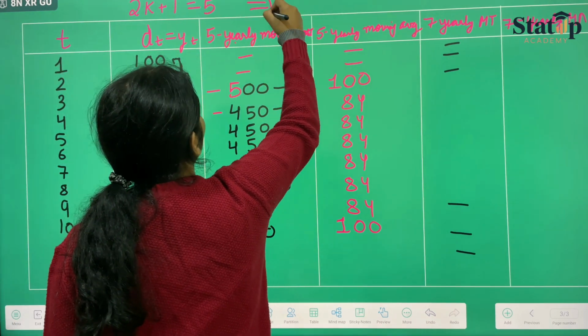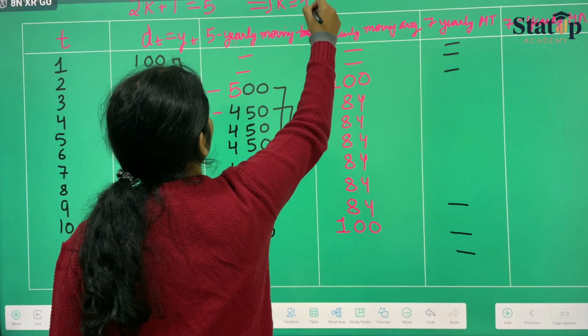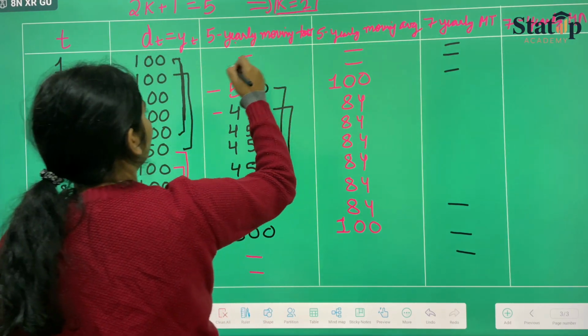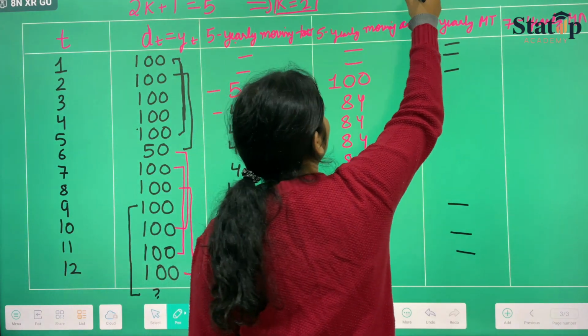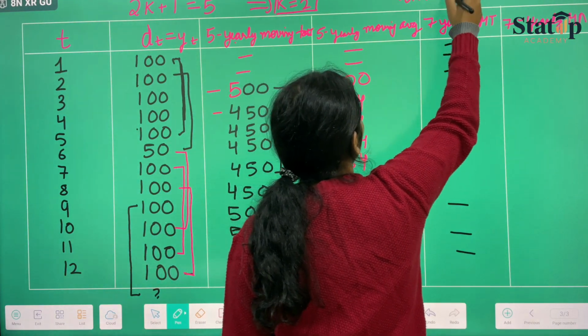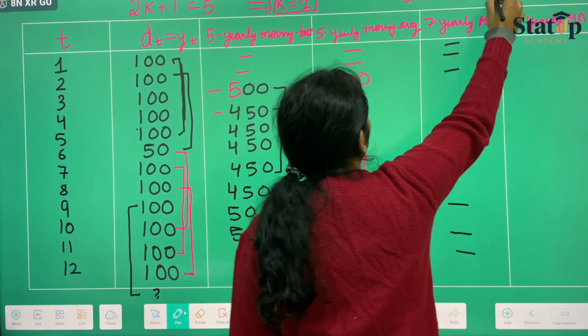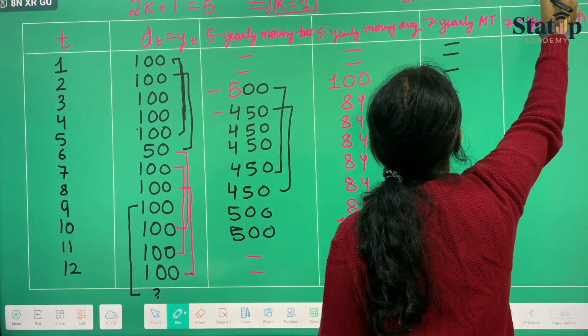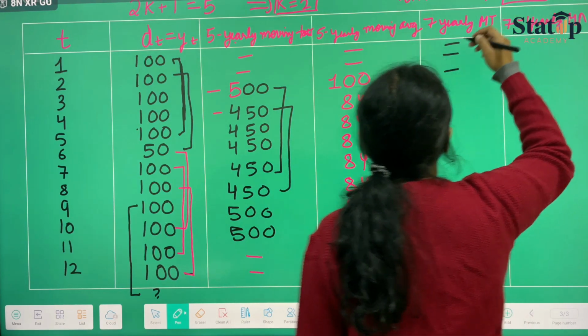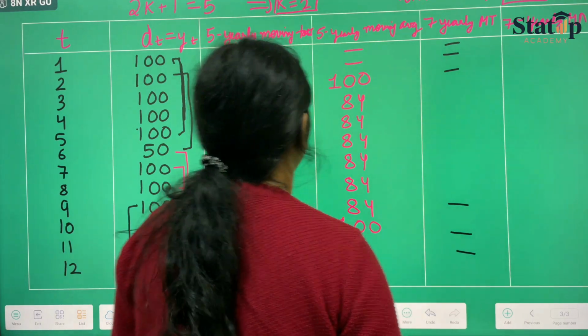So here the value will be k equals 2, and hence we are leaving two values above and two values below. And similarly 2k plus 1 is equal to 7 yearly. So here we will leave k equals 3, which is 3 values above and 3 values below.